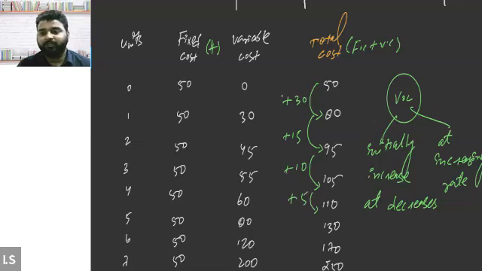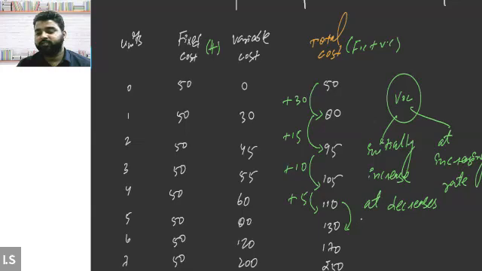So you will notice that total cost is increasing at a decreasing rate. Every time total cost is increasing, but at a slower rate, by less amount. But after the fifth unit, you will notice that total cost starts to increase at an increasing rate. From 110, it increases to 130.